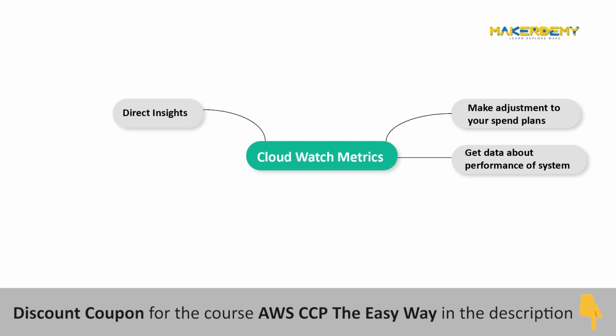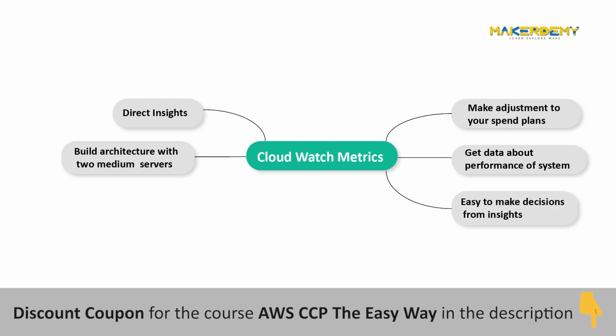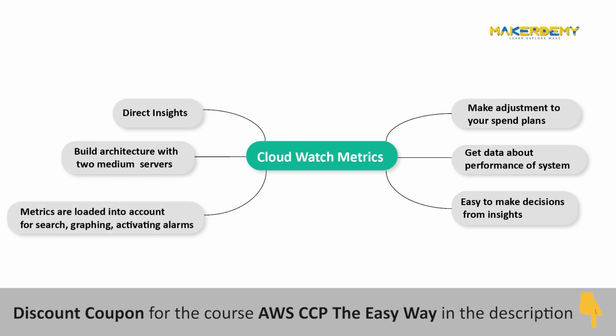For example, if you bought one large server but only need a total capacity of 25% of this for the day, you could have instead built the architecture with 2 medium servers and run one 24 hours a day and perhaps place the other in an auto-scaling group to cover the incremental load for the smaller portion of the day. Using the insights from CloudWatch metrics, it is easy to make these kinds of decisions. All the metrics are loaded into your account for search, graphing, activating alarms, etc.